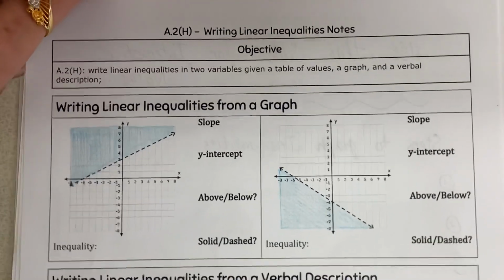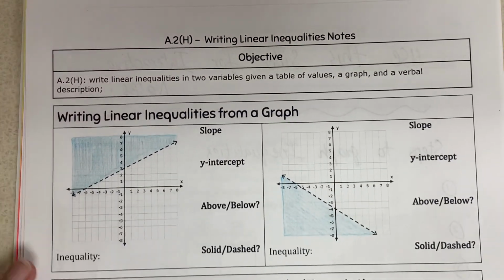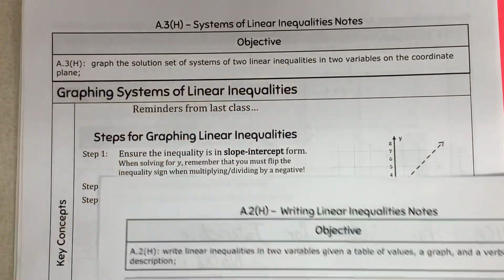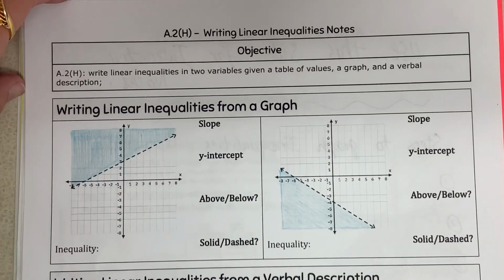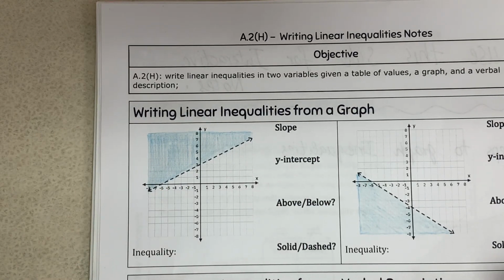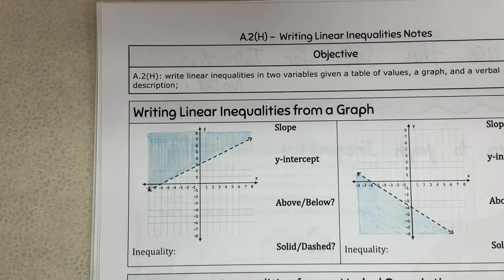Our goal for today is to write linear inequalities and also graph the solution set of a system of linear inequalities. Writing linear inequalities is the same as writing a linear line, which is y equals mx plus b. Since it's an inequality, I have either greater than, less than, greater than or equal to, or less than or equal to symbol.